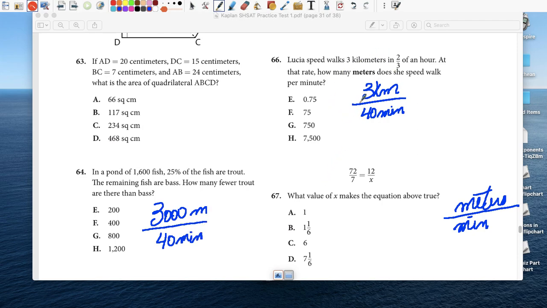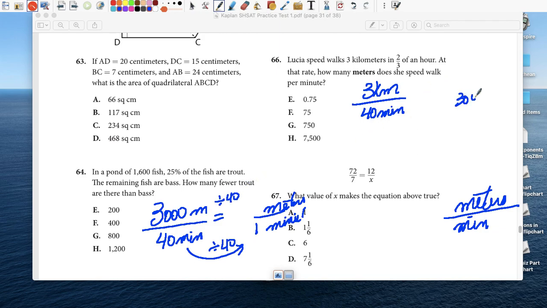Now that I changed that, now I can find her rate in meters per minute. So we want the unit rate. We're going to change the 40 minutes to 1. How? Again, you can cross multiply. You're more than welcome to do that. We can divide 40 by 40 to get 1, which means we divide the top by 40.